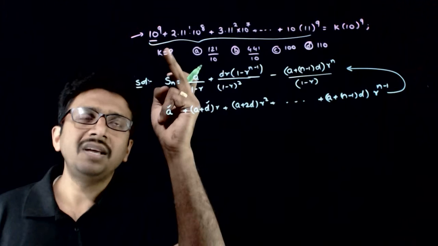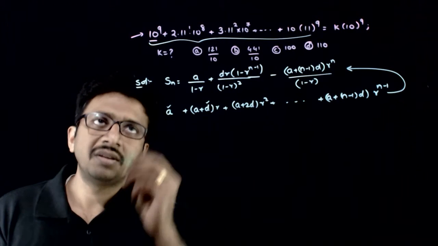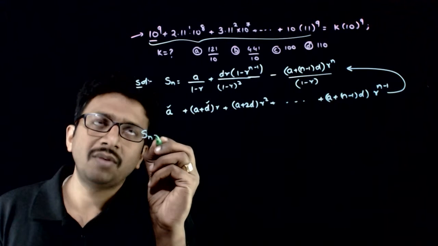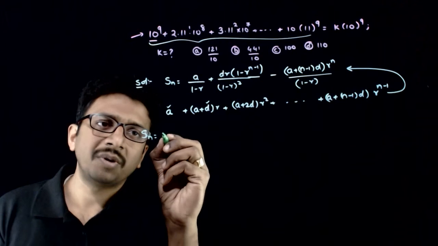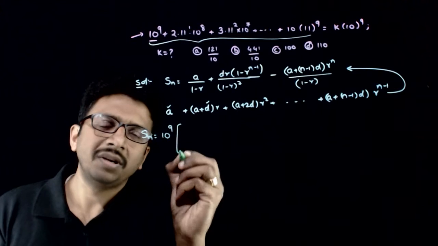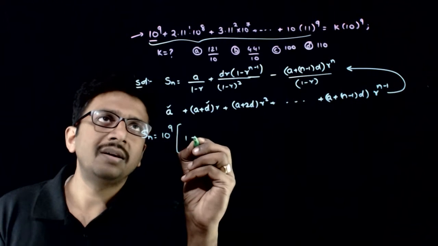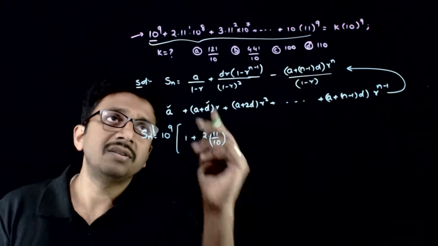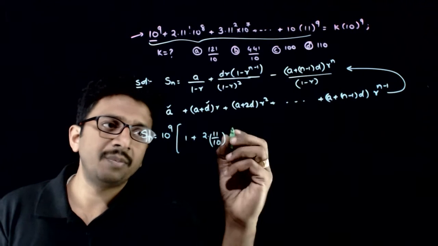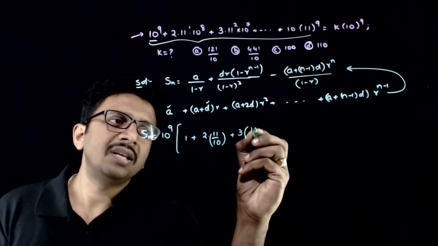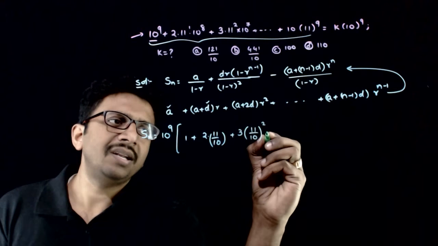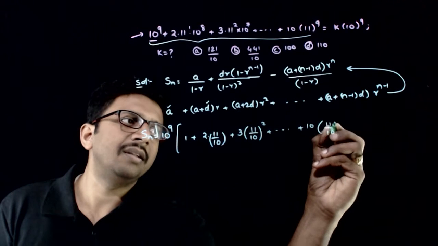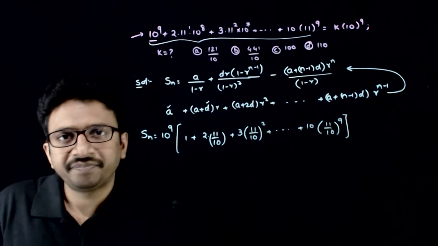If you observe carefully, this can be converted into an AGP. Taking 10^9 as common, the sequence becomes 1 + 2 × (11/10) + 3 × (11/10)² + and so on up to 10 × (11/10)^9.